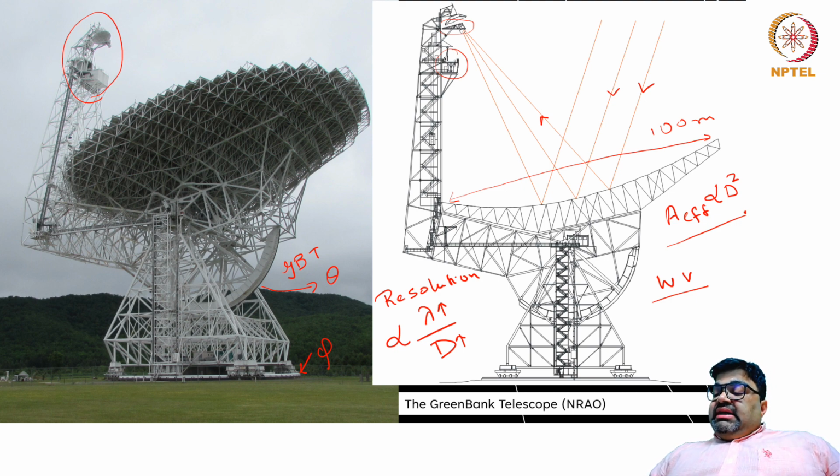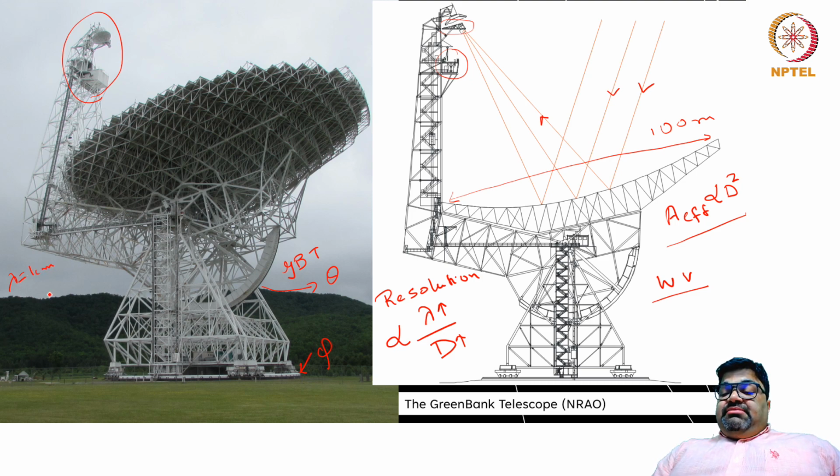But remember one thing: if you go to lower and lower frequency, or higher and higher wavelength, then the dish design becomes quite impractical to go further in that direction. For example, say we use lambda equal to 1 centimeter.